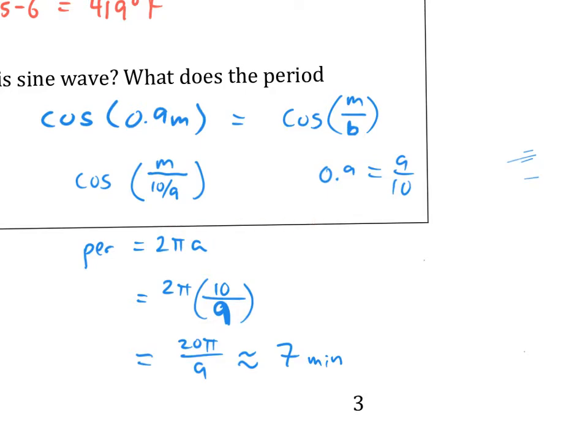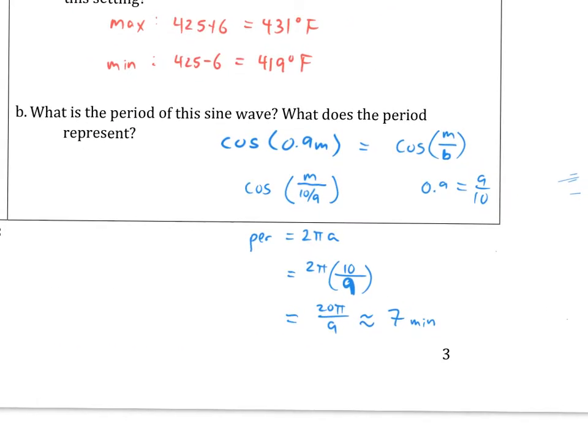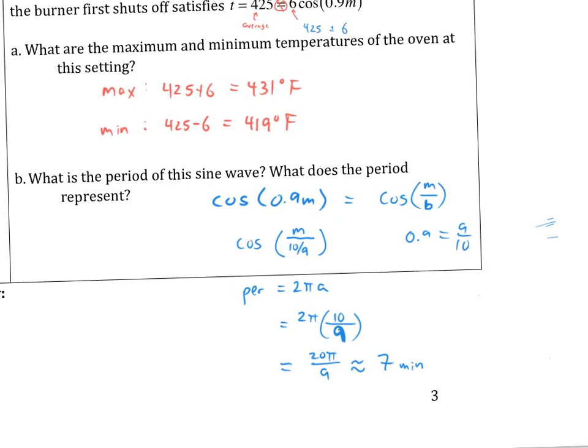It wants to average out to be at 425, but it's going to start a little bit higher. Then the oven shuts off. The heat gets released a little bit, and the moment the sensor hits 419, it kicks back on for a few minutes until it gets to 431 again, and then it drops back down and back up again.